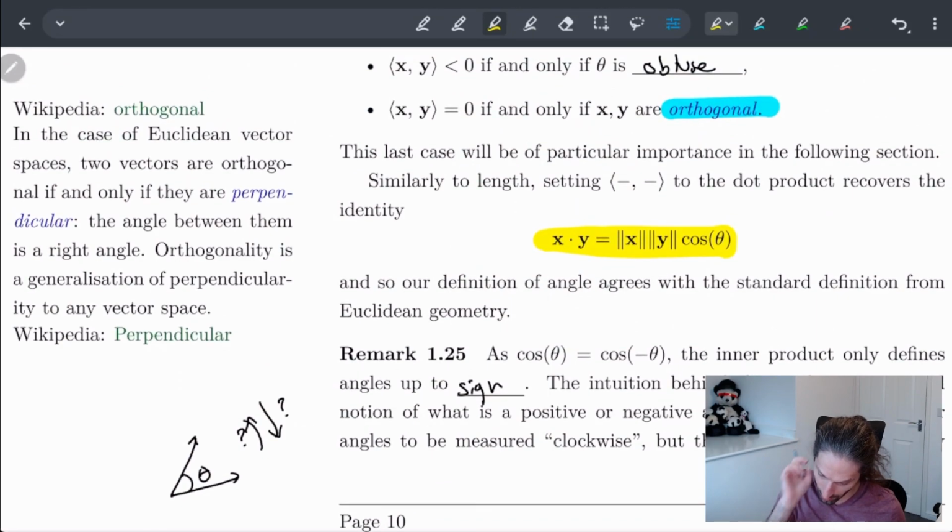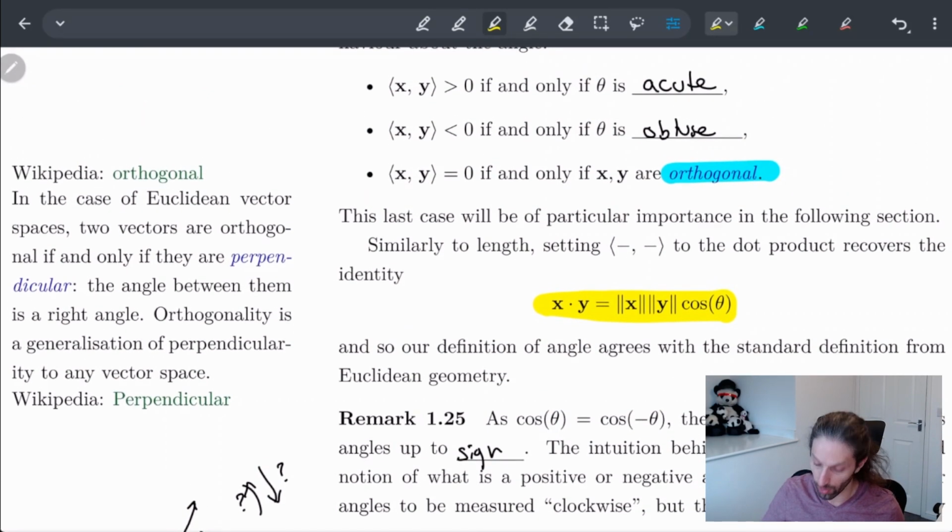Another thing you might notice is that I said orthogonal here, and I didn't say that the angle is a right angle. That's because of this note I have here on the side. In the case of Euclidean vector spaces, these are the same. Orthogonal and perpendicular, aka the angles are 90 degrees, are equivalent definitions.